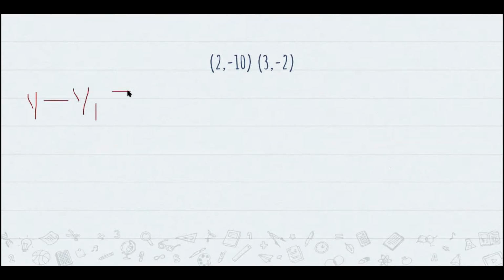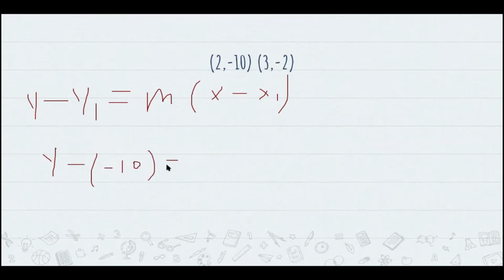y minus y1 equals m, parentheses x minus x1. So I'm going to use the first coordinate, y minus negative 10 equals, for m we got positive 8, x minus x1 would be 2 in this case.